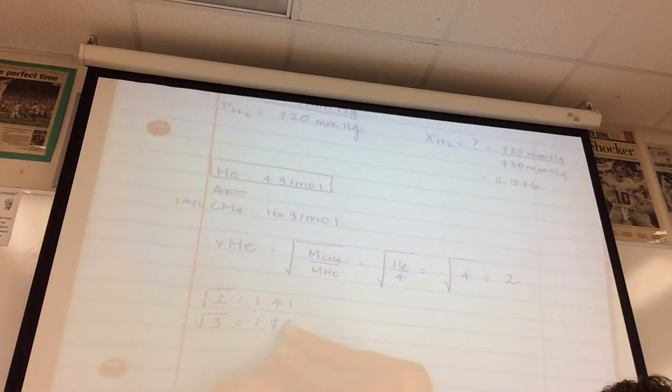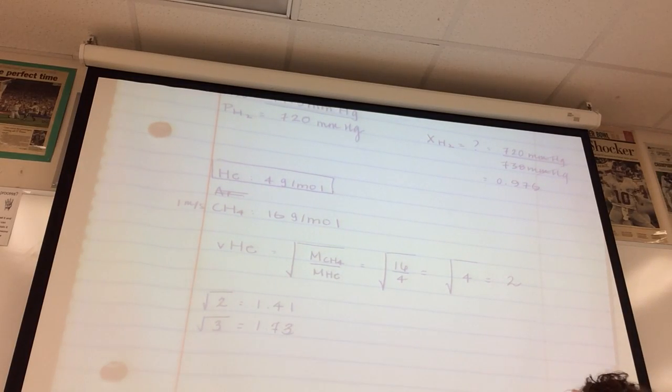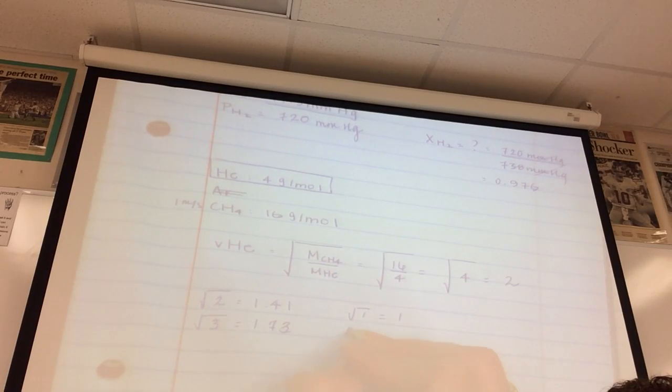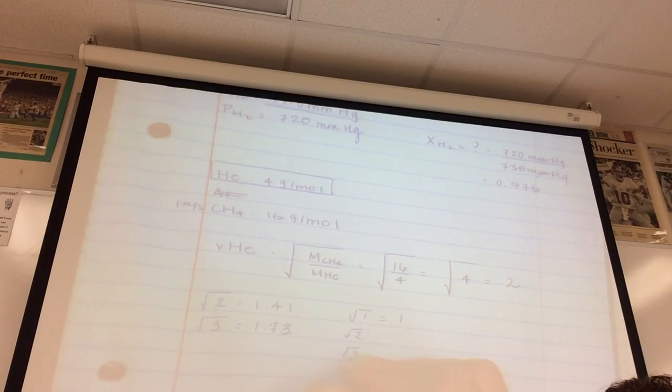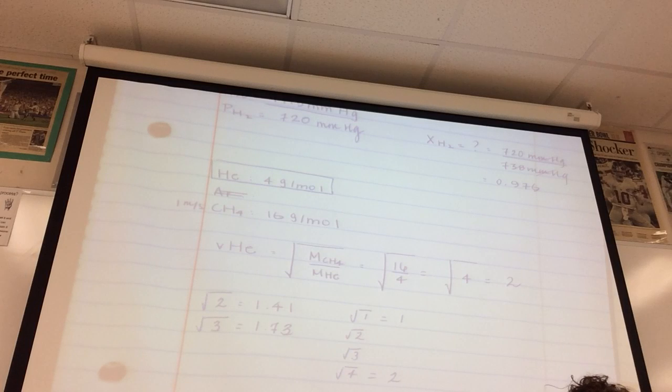How would you find a square root without using a calculator? You memorize it. Well, but it's not hard, right? The square root of 1 is 1, then you have 2, then you have 3, and what's the square root of 4? 2. So it's got to be between 1 and 2. Well, how would you figure it out without a calculator? Like, if it was a number like 13 or something. Same thing. You know it's going to be a little bit less than the square root of 16, which is 4.